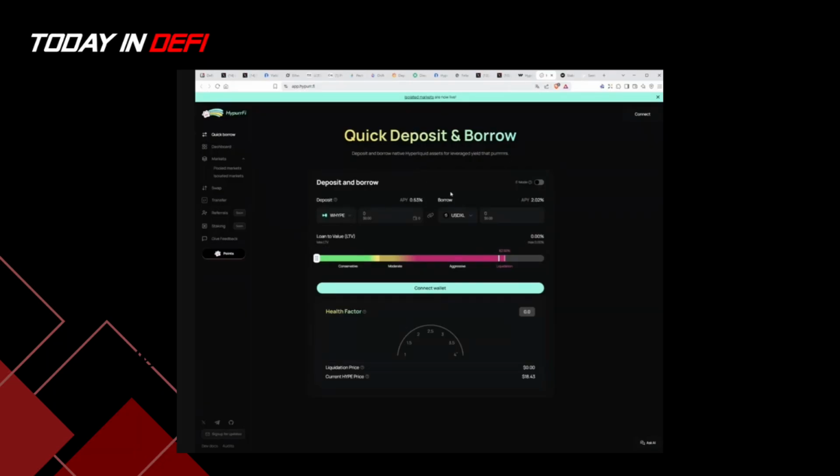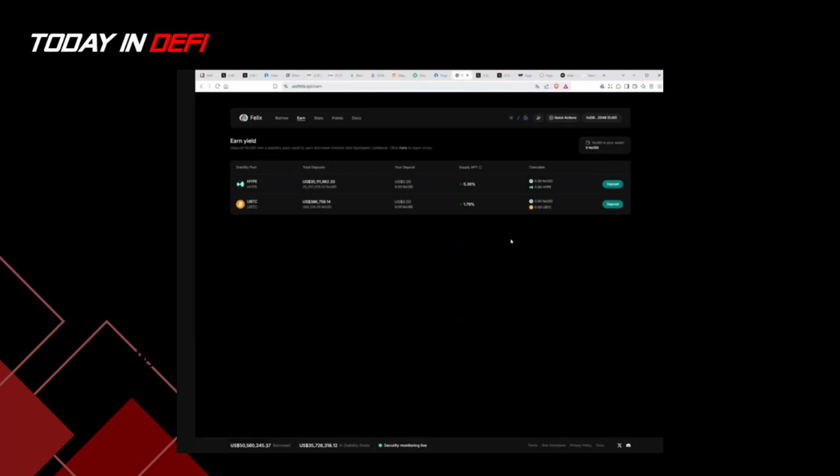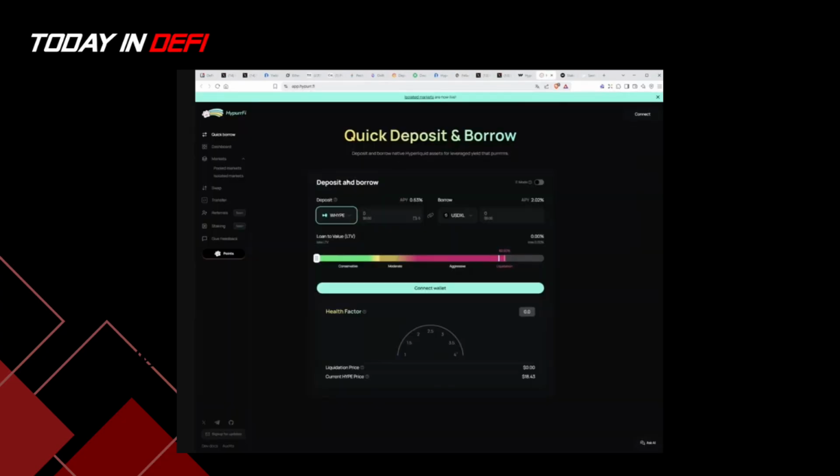And the reason why it's interesting is that so far the selection is not a lot. However, once Felix rolls out the HUSD, and once Felix also starts to roll out the liquid version of the stability pool token, it means people can actually come to HypurrFi and then build leverage staking positions with USD.